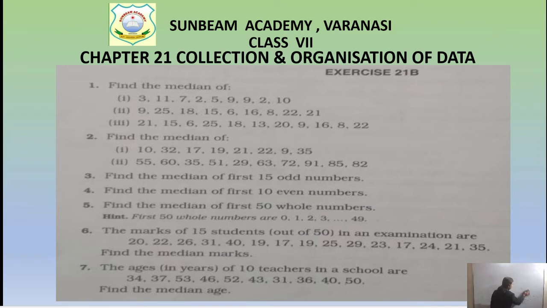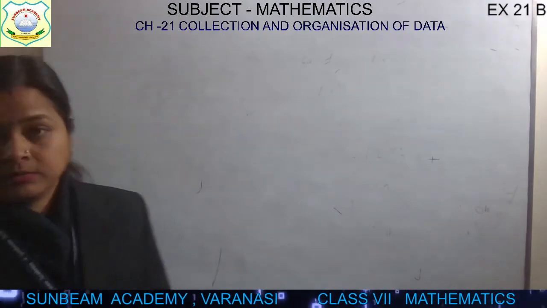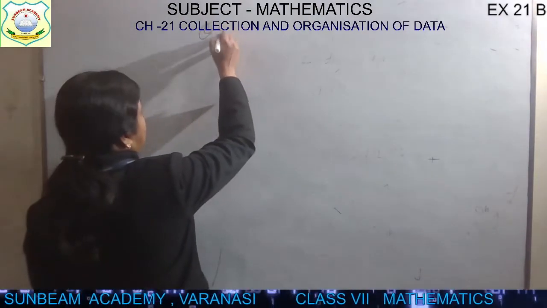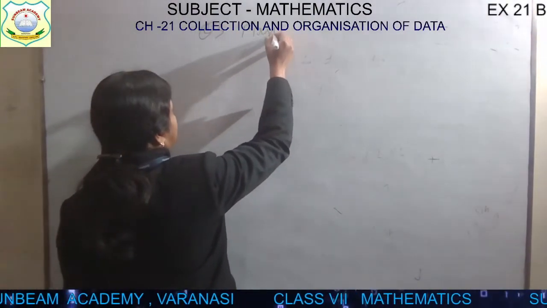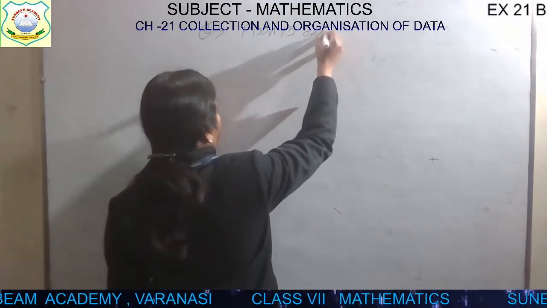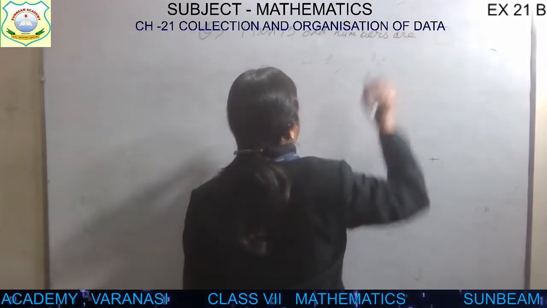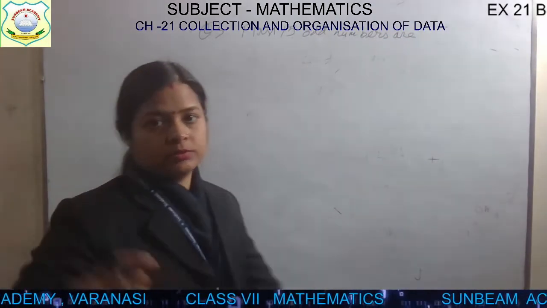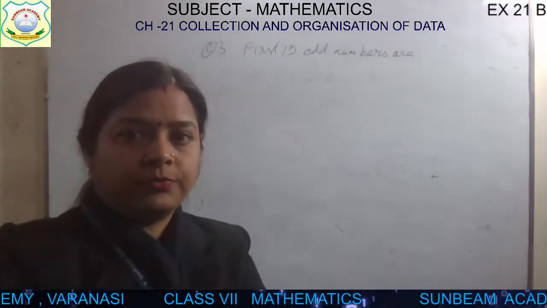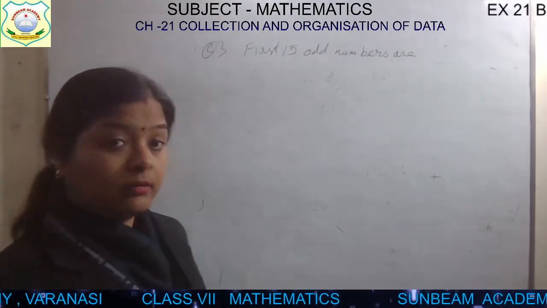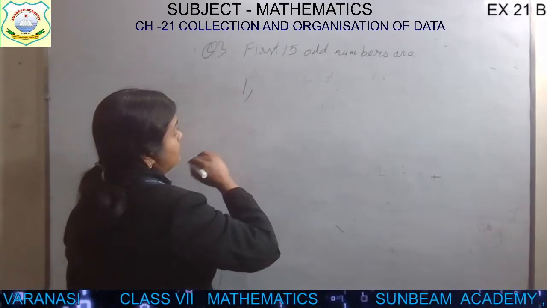I am erasing board work so that I can explain it to you. I hope you are also quickly writing. Question number 3: first 15 odd numbers are. Now what are the odd numbers? 1, is 2 odd?